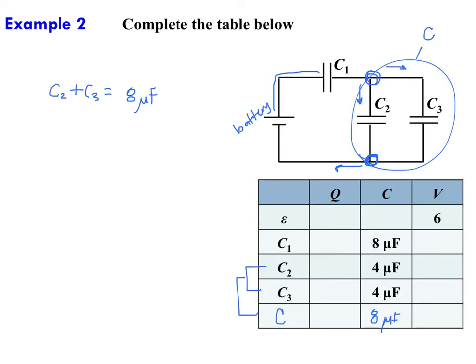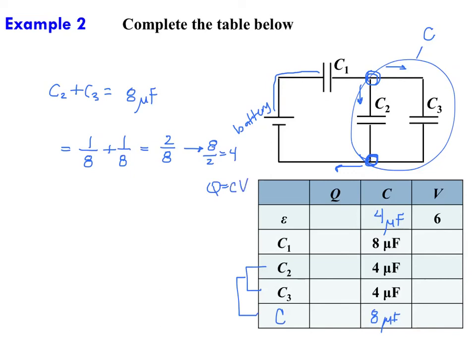That one is now in series with C1. So, in order to add capacitors in series, I simply add the inverses. Here I'm going to get 2 over 8, and then make sure that you get the inverse of it. So I get a capacitance of 4. Now this is my equivalent capacitance. So again, my equation is Q equals CV.